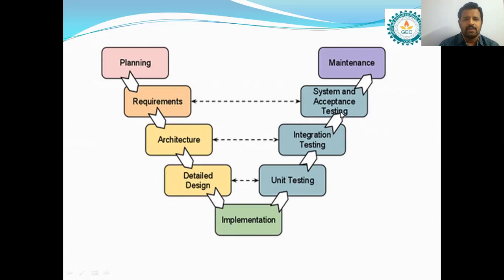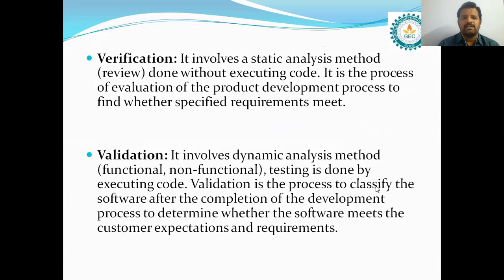At the last, after deployment, you can provide the maintenance. Development and testing are done at the same time. That's why you can call it the V model. Now let us discuss each and every phase one by one.